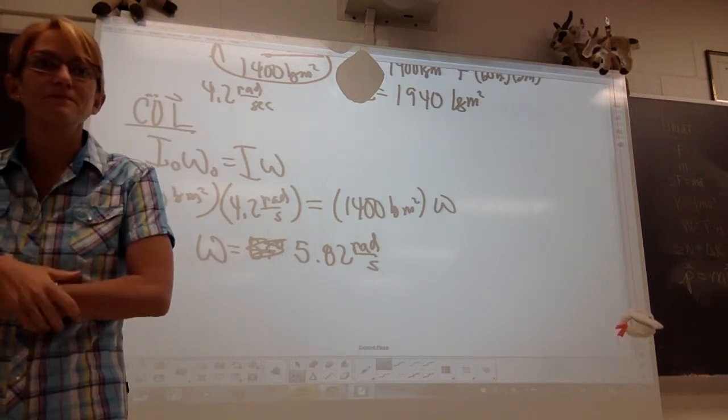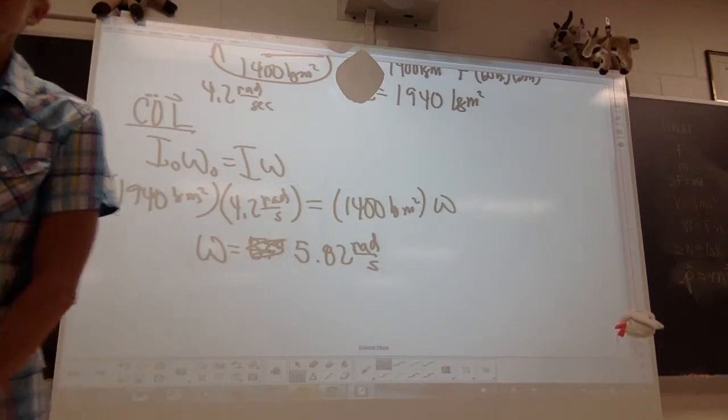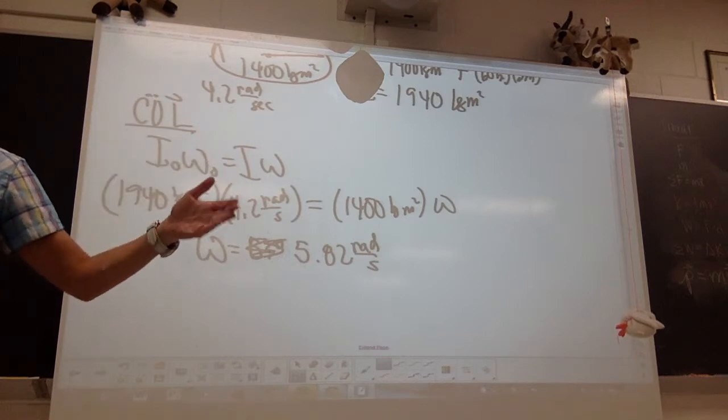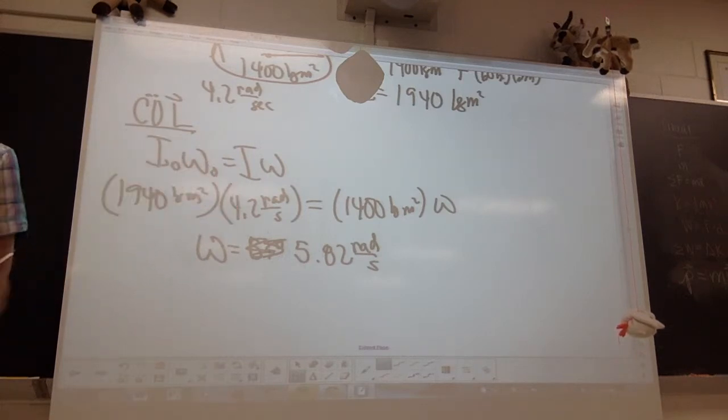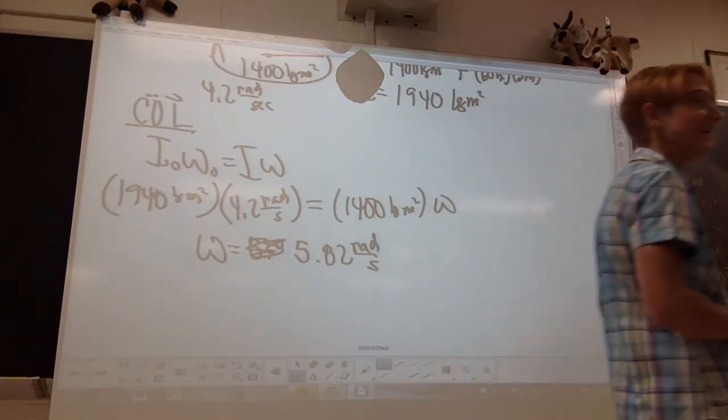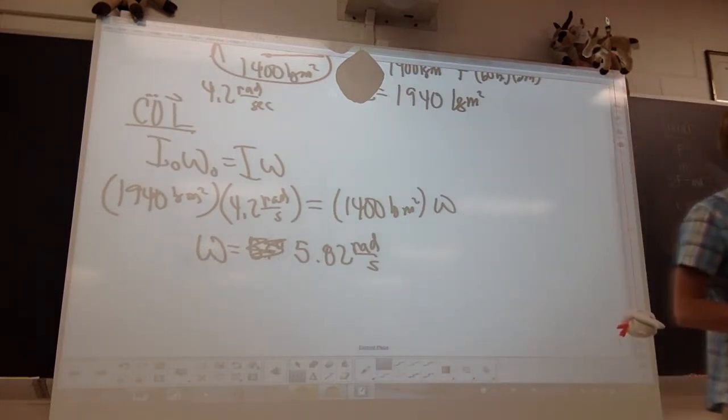Cool. So once you reach the center, isn't the radius technically 0? For you, yes. But the merry-go-round still has its inertia. You are no longer adding to the rotational inertia of the system. So does having a smaller I make you go faster? It makes it easier to rotate.